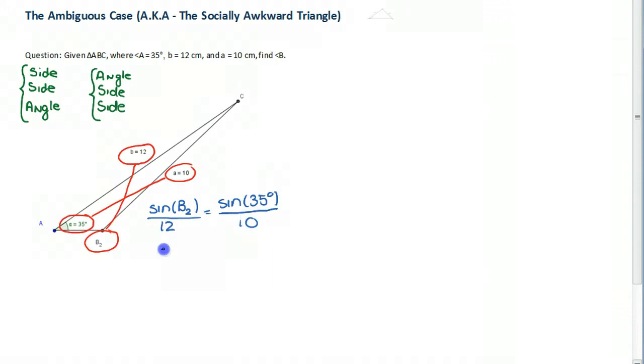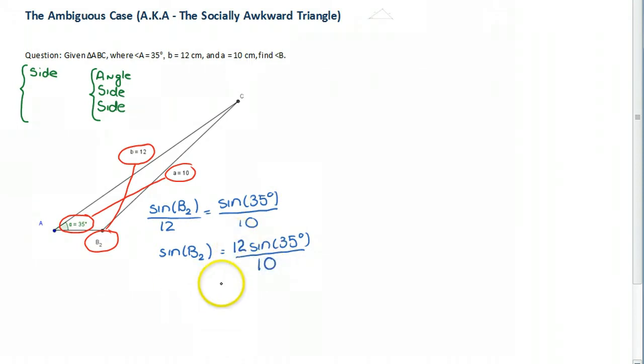Now I'm going to do a little rearranging. So sine of B2 is equal to 12 sine 35 degrees over 10.